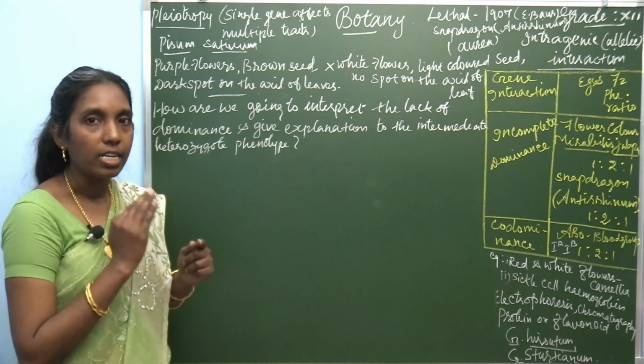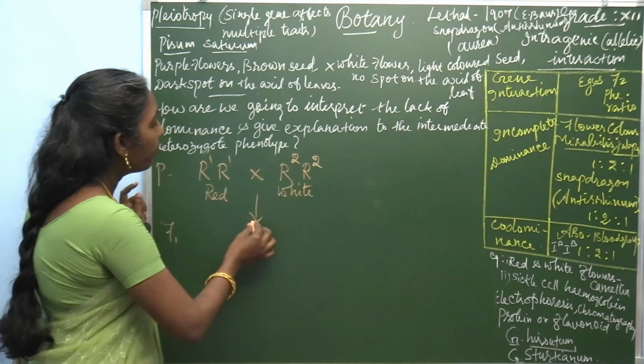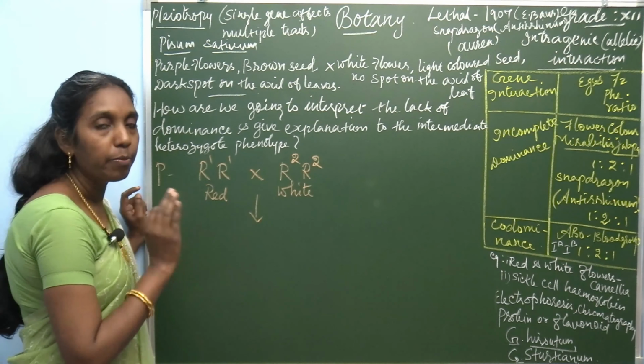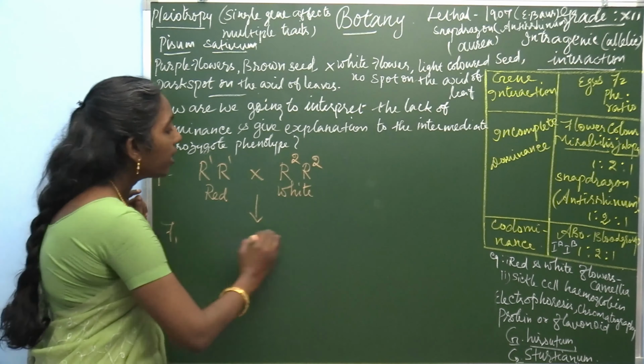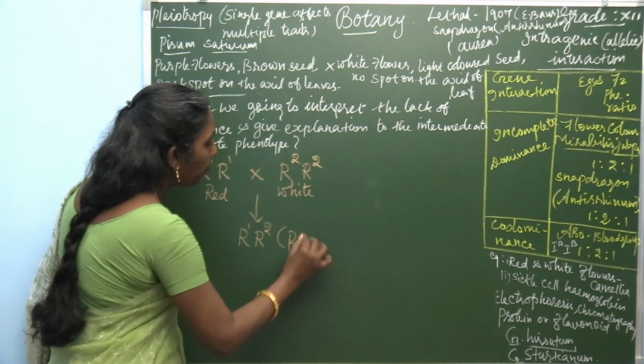In a normal hybridization experiment, in the F1 generation the dominant character has to express, so it should produce red. But in incomplete dominance, it does not produce red, but gives an intermediate color. So this R1R2 shows pink color.